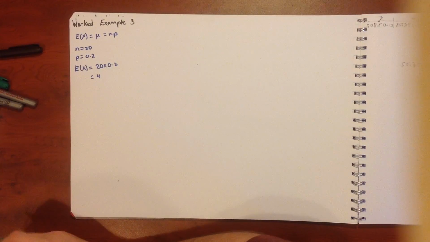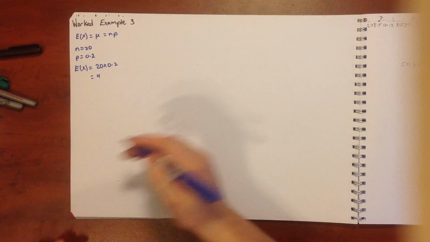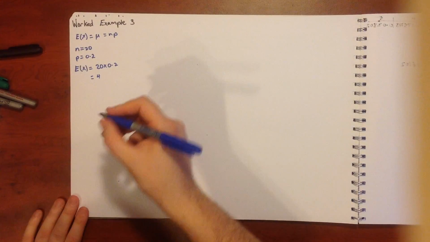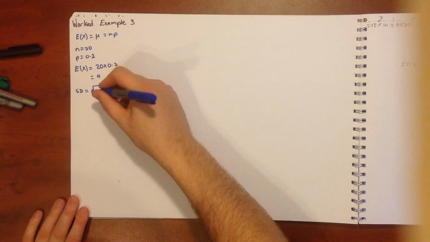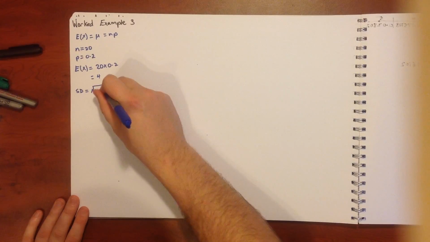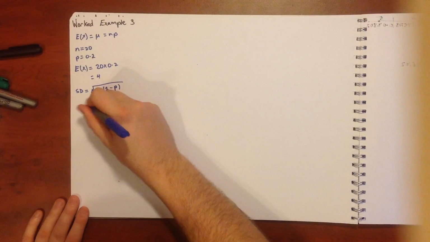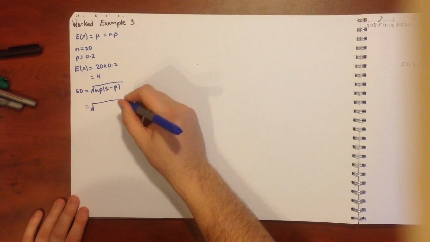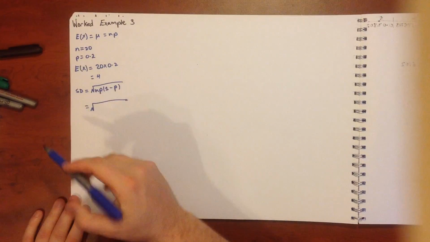Part A is to find the standard deviation of the number of questions answered correctly, correct to 4 decimal places. Our standard deviation is equal to the square root of np times 1 minus p. Well, np is our 4, we just worked that out a minute ago.